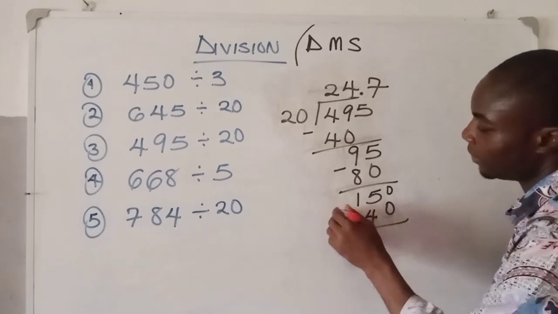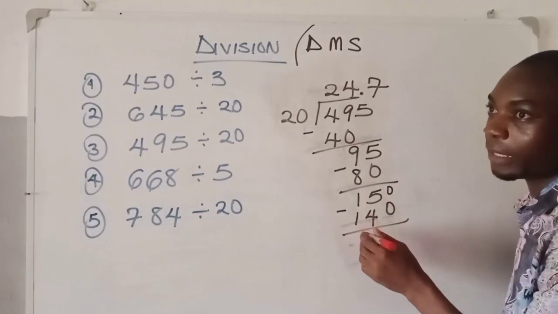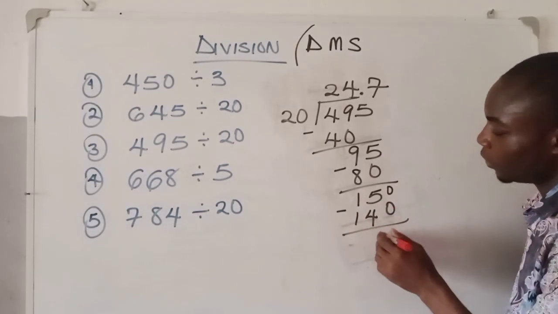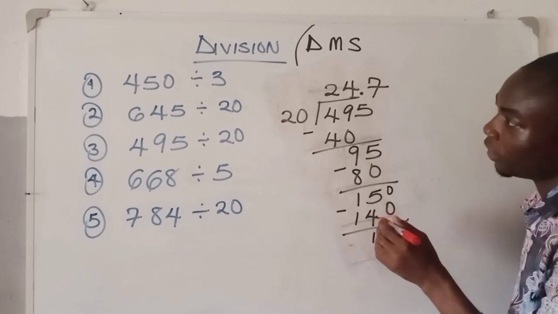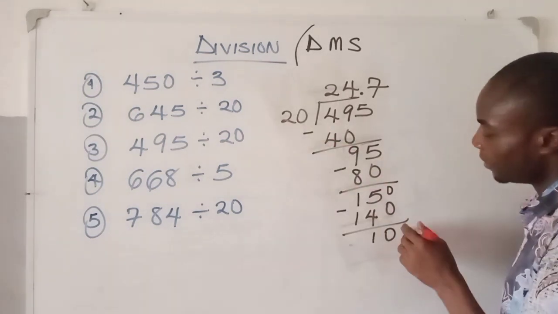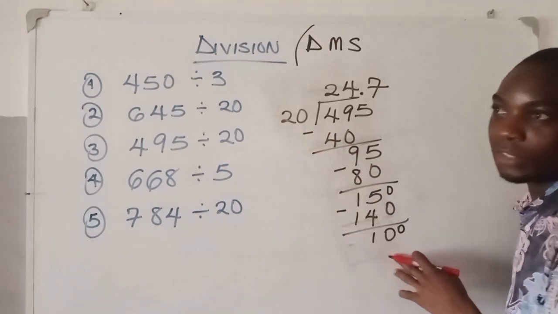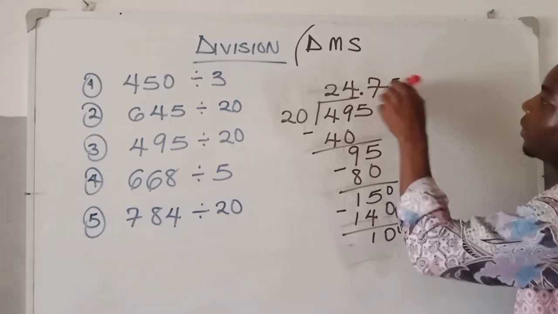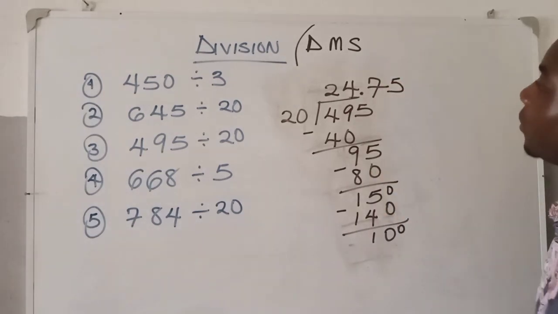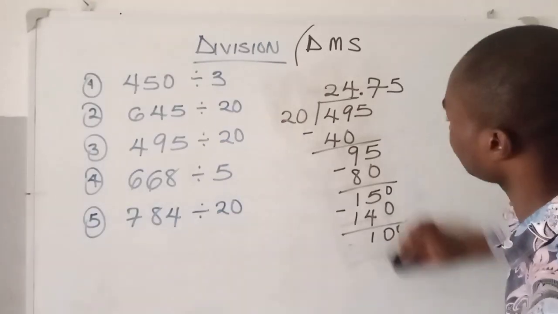Then the next part is our subtraction. So 150 minus 140 will give us 10. 20 goes into 10, not possible. So we'll add 0 to that, it becomes 100. 100 divided by 20, or 20 into 100 is 5 times. So our answer for that question is 24.75.